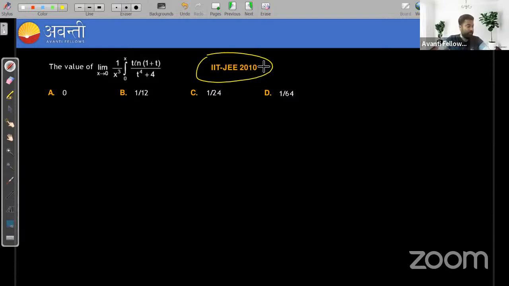So how can you integrate this function? It's a very simple question that came in the 2010 JEE Advanced examination.